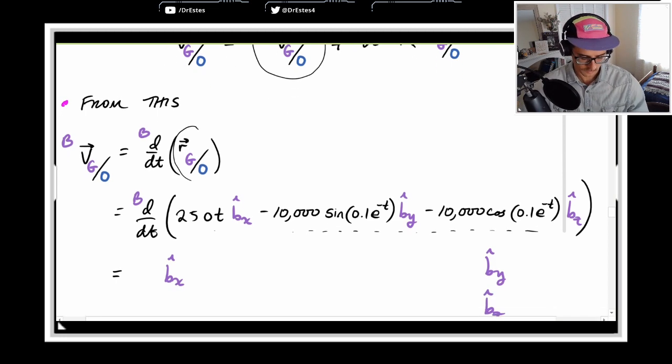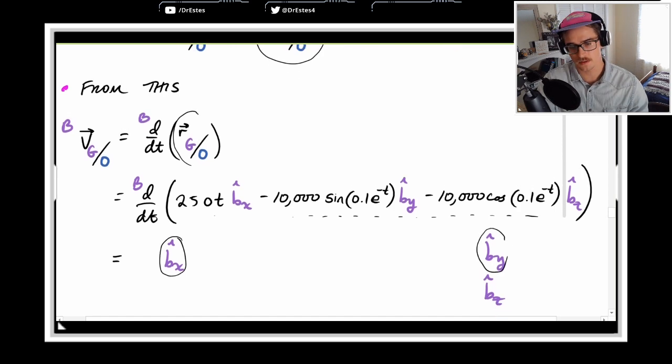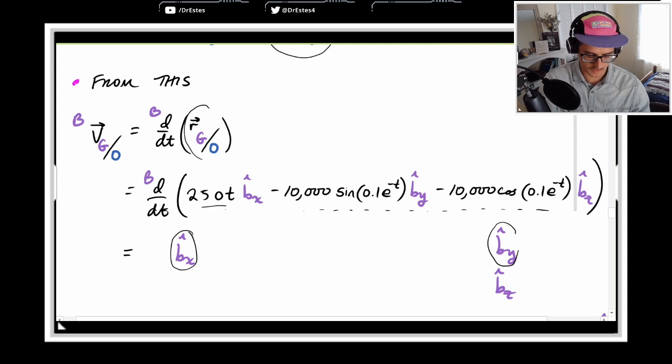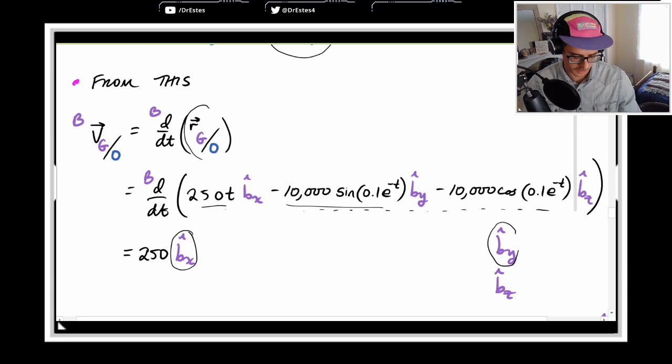Well, in the B frame, all of these basis vectors are fixed. They're not changing with time because relative to the B frame, these things are just sitting there. They're a part of it. But these functions, these are changing with time. So if I'm taking the time derivative of 250t, it should just be 250. That one's easy.